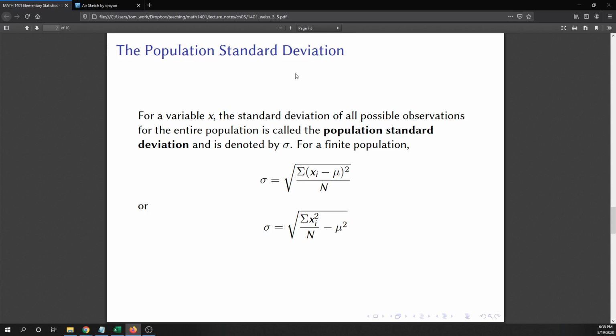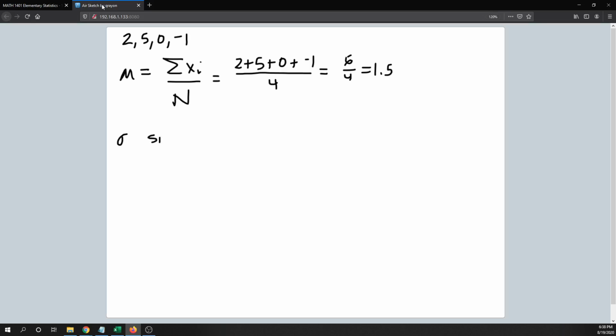And for the population standard deviation, you'll notice a couple of things are different, right? The one thing that's different is the symbol that we use for the population standard deviation, and that is sigma. So this is a lowercase Greek letter sigma.